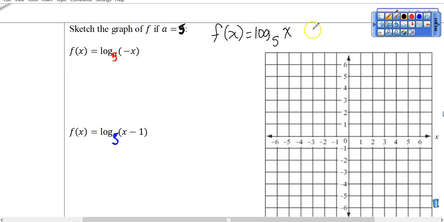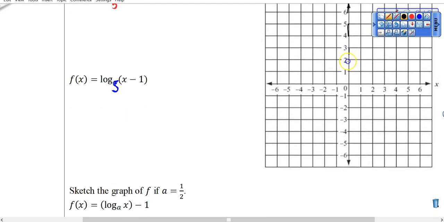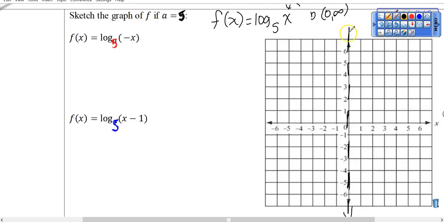So I would say, first of all, that my domain, because it has to be positive, is 0 to infinity. So I would go in here, and I'm just going to do a dotted line for this graph because I wasn't really asked to graph the parent function, log base 5. But I'm going to go ahead and graph it in so that I can use it to transform.